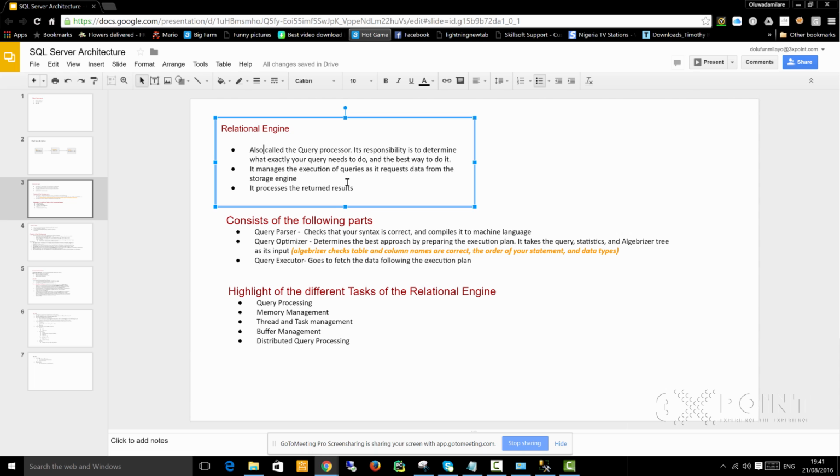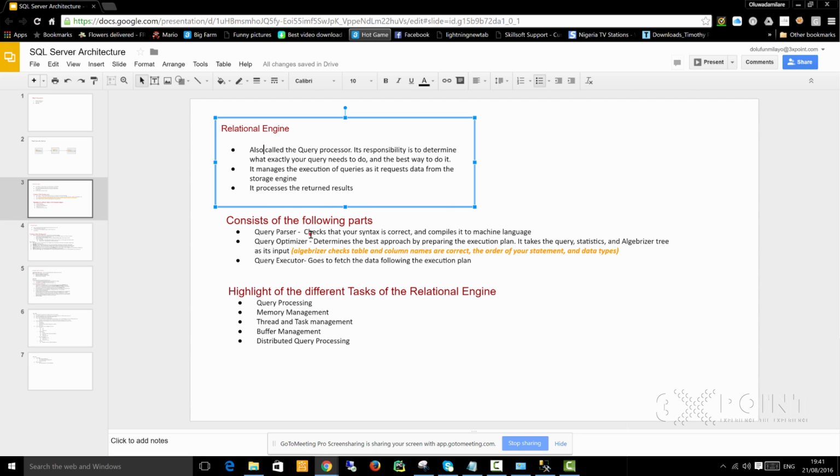The whole execution of a query is a mathematical thing, because even though you write T-SQL, the relational engine does not understand the T-SQL that you have written. What it understands is the machine language. So the parsing and the understanding of the T-SQL is done by the relational engine.